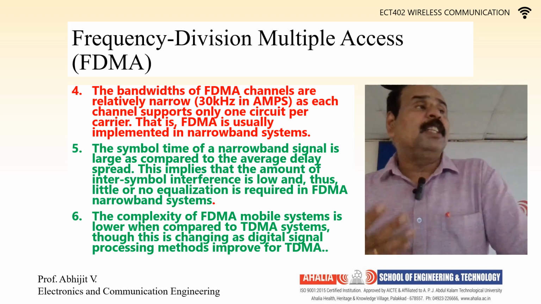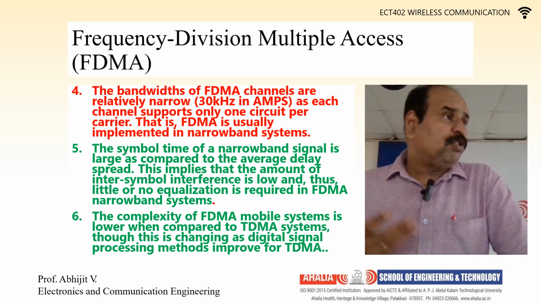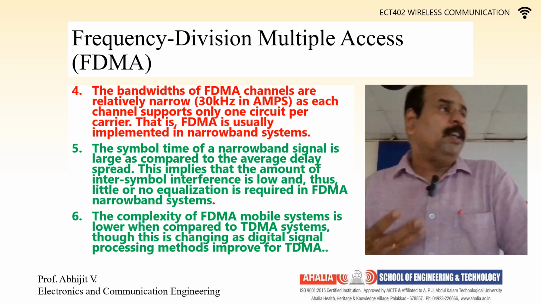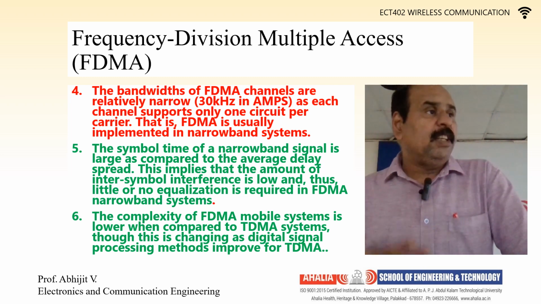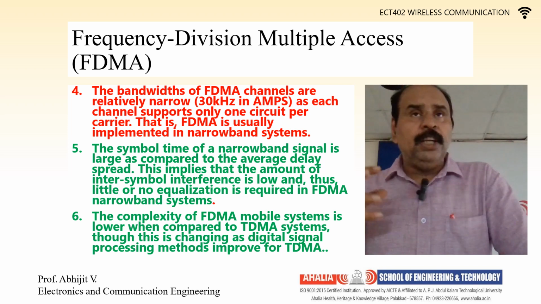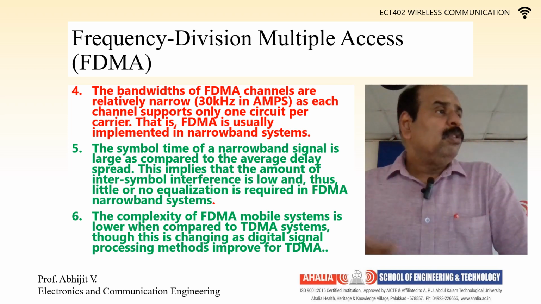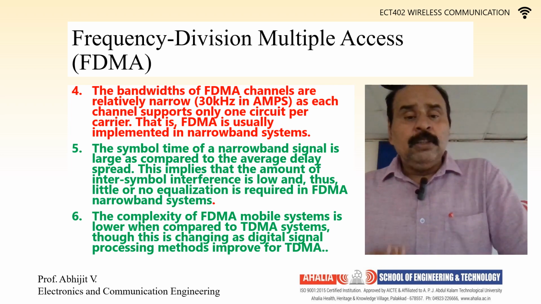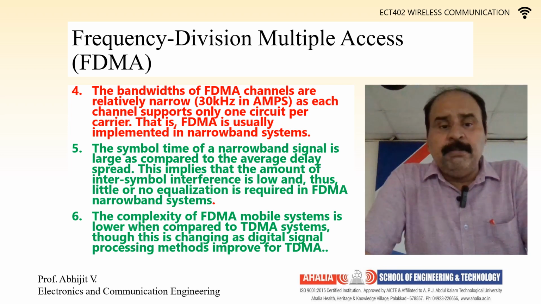What happens when delay spread is larger? Only in that case we will be having the possibility of inter-symbol interference, right? Only when the previous signal interferes with the next signal, we have inter-symbol interference. Here the band is narrow, so the delay spread is less, so there is little chance for inter-symbol interference.